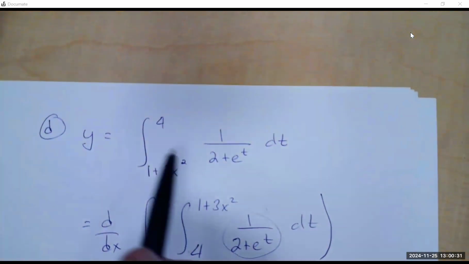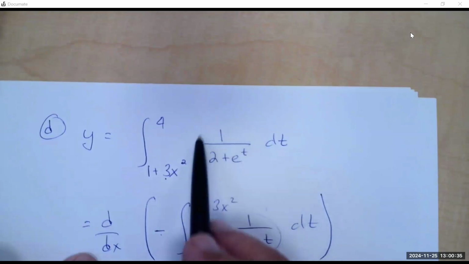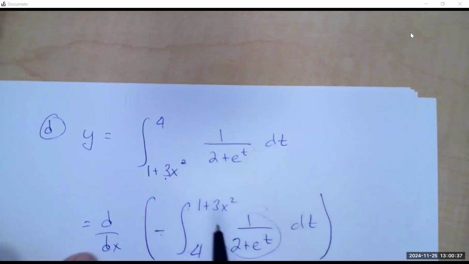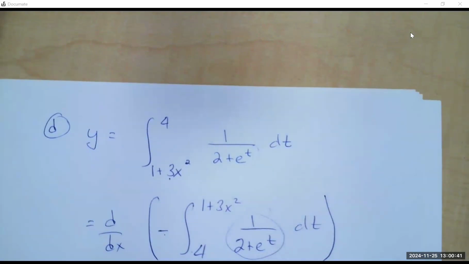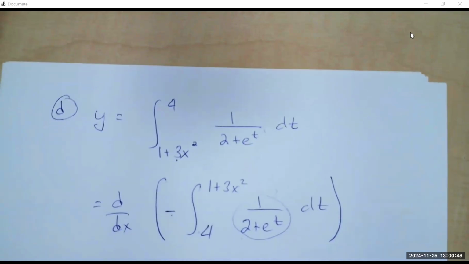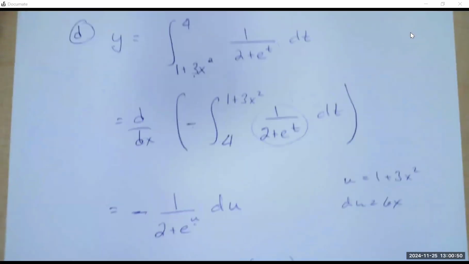So remember, whenever you take a derivative of an integral, just change whatever that is to the u. So this one should have been 1 over 2 plus e to the u. U is that upper bound, and du is that. Just multiply them together.